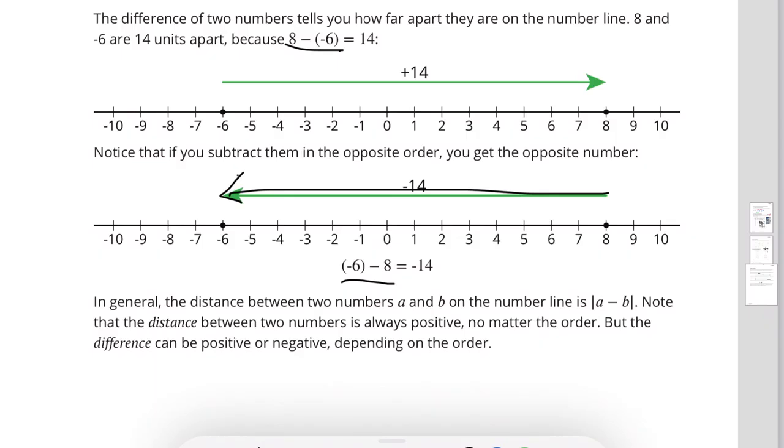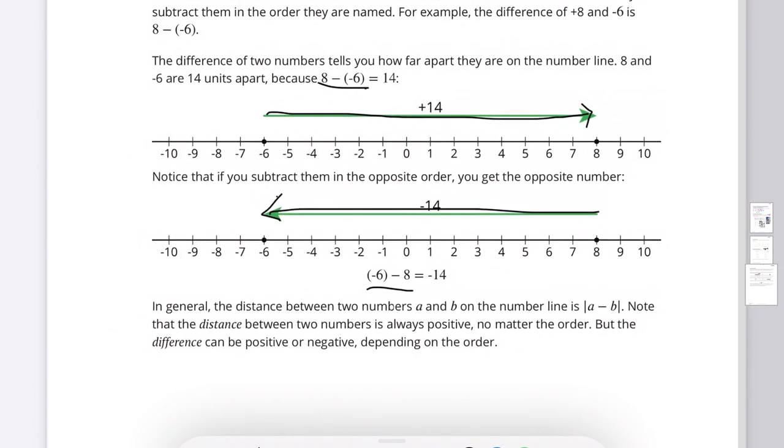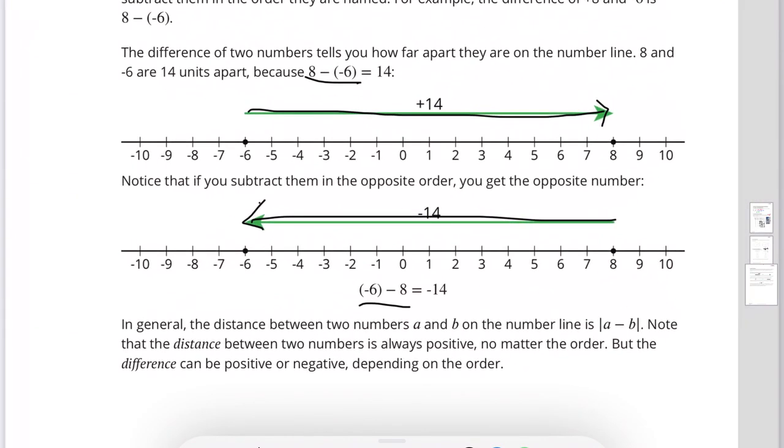But if I start at negative 6 and travel to positive 8, I moved 14 units to the right, therefore it's a positive 14. So your distance is just the value of the number, and then the direction will tell you what your sign will be. If you move to the left, it's going to be a negative. If you move to the right, it will be a positive.